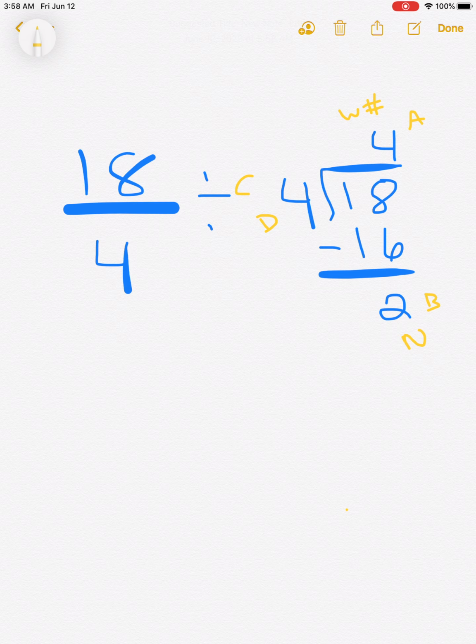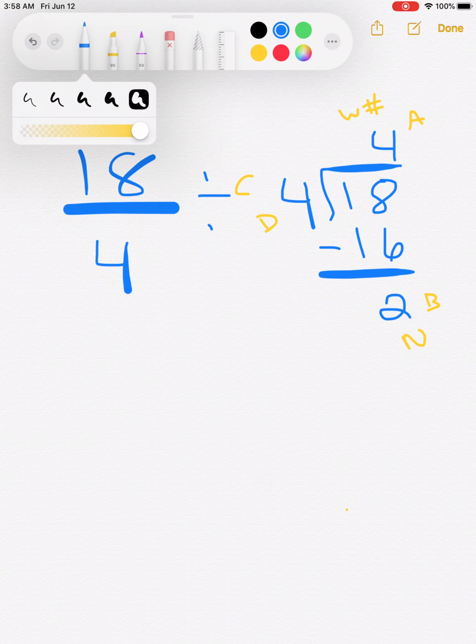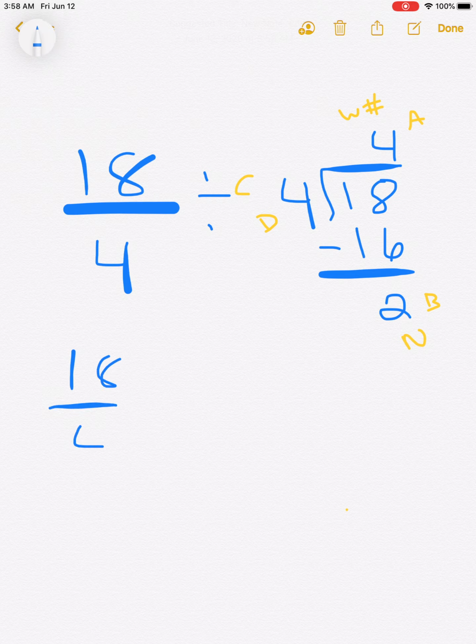So when we're converting 18/4 to a mixed number, step A gives us our whole number, step B will give us our numerator, and step C will give us our denominator, okay? So 18/4 converts over to 4 2/4.